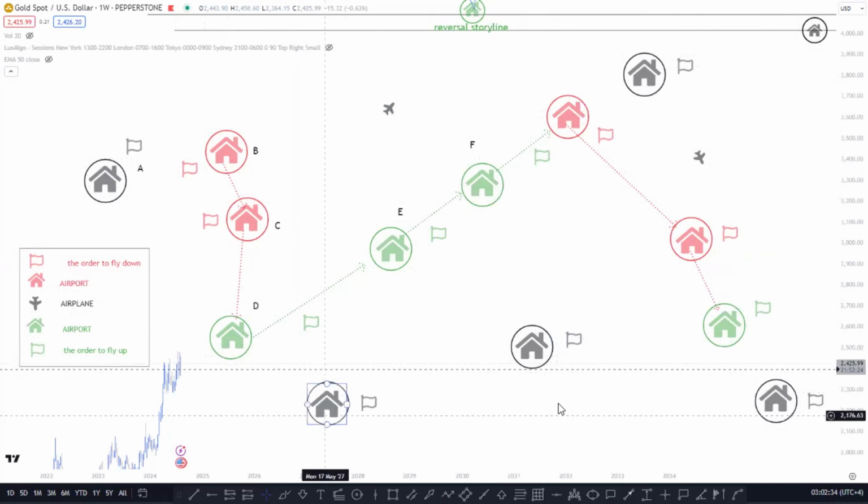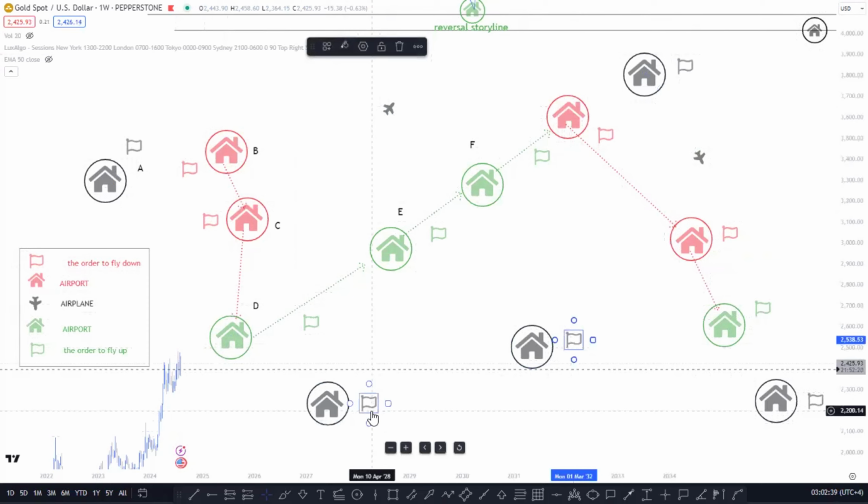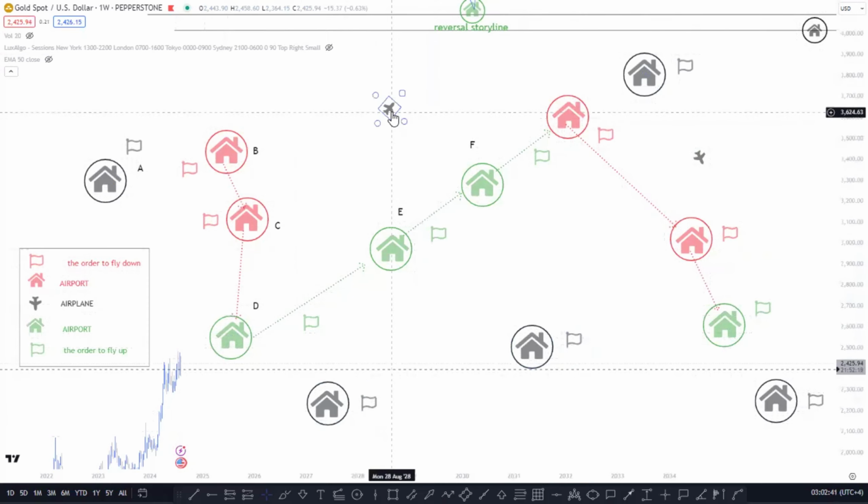Maybe you see this black airport and this black one. If the airport above didn't raise the red flag, that means this airplane will not reach this airport and will reach another airport. The same with this airport.